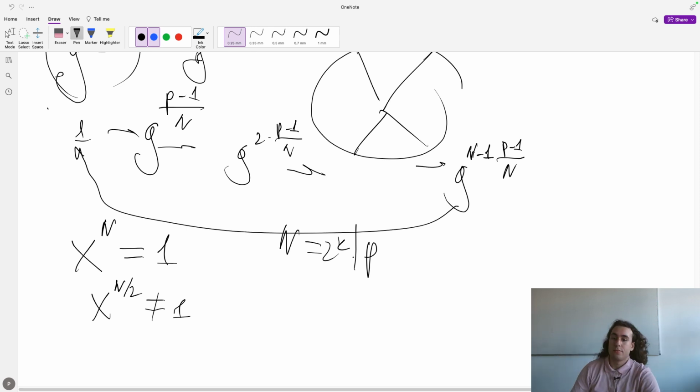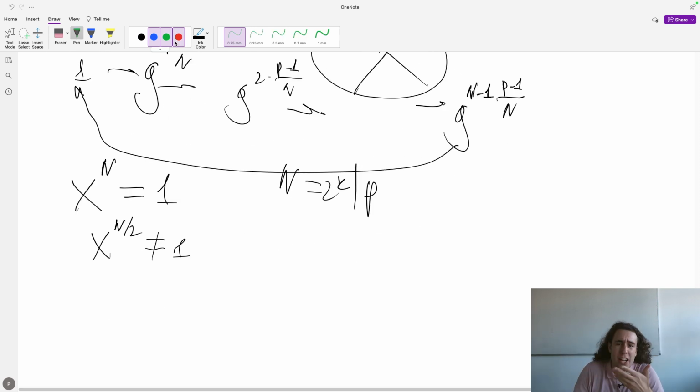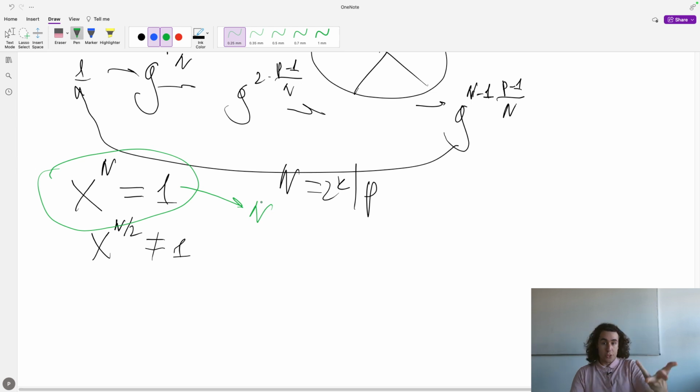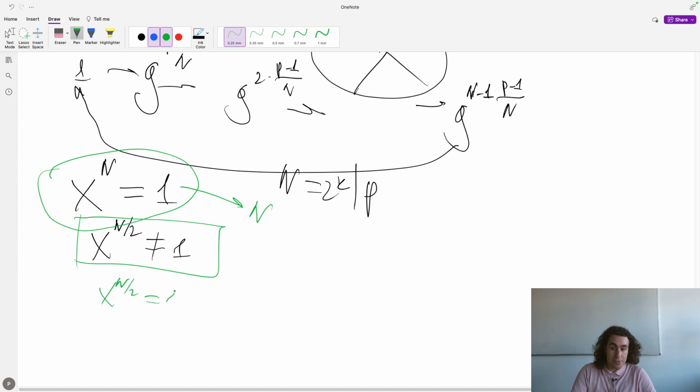Well, how to find it, right? Actually, there are a bunch of such solutions. If we have a polynomial x to the n is equal to 1, we actually have n solutions to this. We are only interested in the ones that don't satisfy x to the n half is equal to 1. Wait, actually, I didn't explain that, right? Why n half? Well, because we know that x to the n is equal to 1, so we know that the order of x is a divisor of n, so a divisor of 2 to the k.